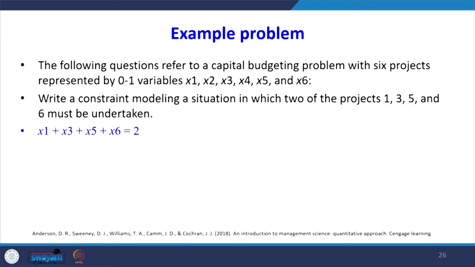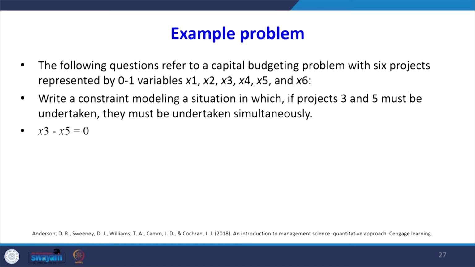So how to write that one? X1 plus X3 plus X5 plus X6 should be equal to 2. Okay, this is the first one. The second question is, write a constraint modeling a situation in which projects 3 and 5 must be undertaken and they must be undertaken simultaneously.